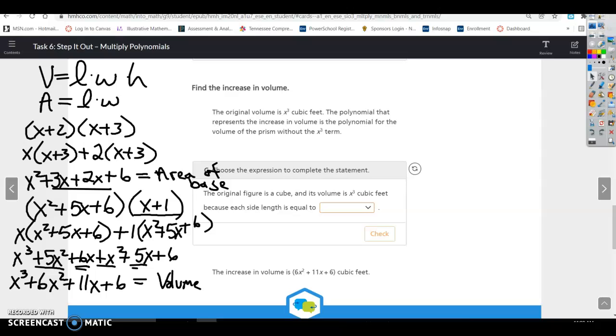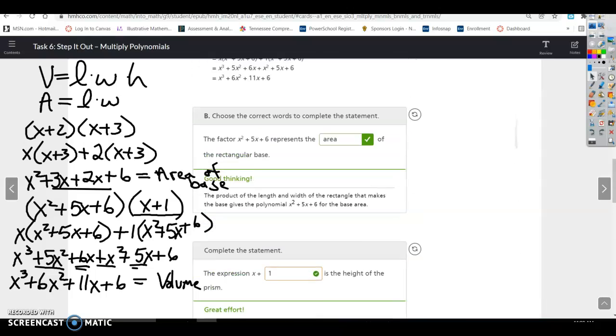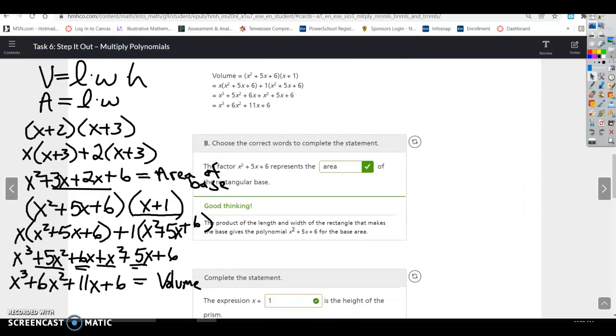The polynomial that represents the increase in volume is the polynomial for the volume of the prism without the x cubed. So if we take the volume polynomial and we subtract the x cubed, the increase in volume is everything else. So the increase would be the 6x squared plus 11x plus 6.